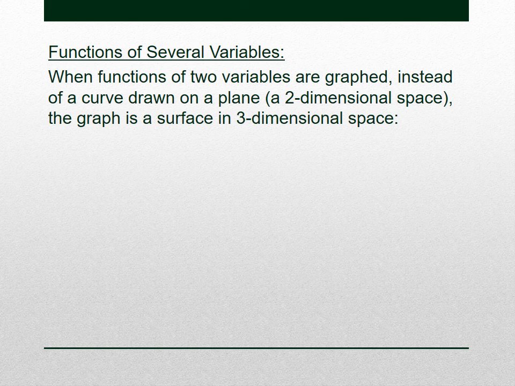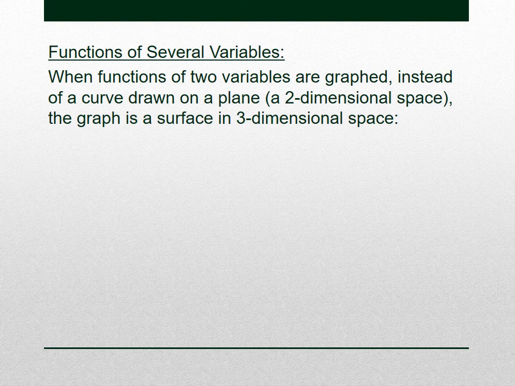Let's talk about what these things look like, right? If you were to look at a function of 2 variables and graph it, what does that look like? Well, you can't draw it on the xy plane on the whiteboard like normal, because it has 2 pieces of information for the input and then outputs a number, as opposed to 1 piece of information and then outputting a number.